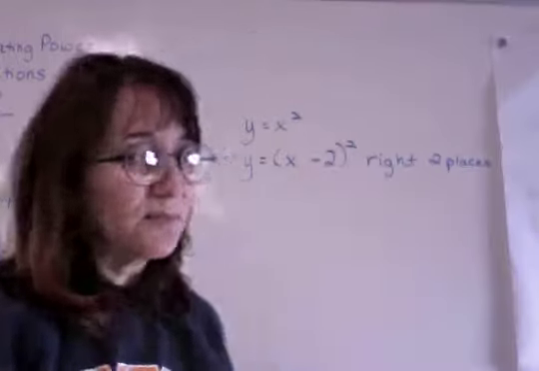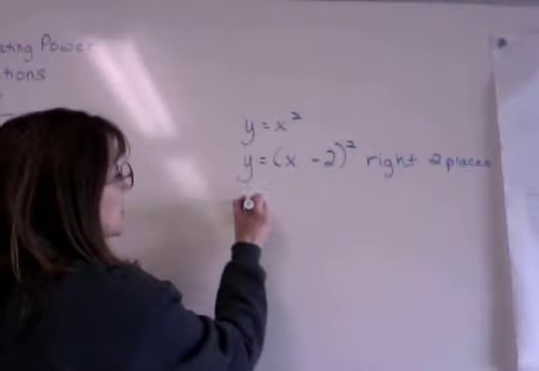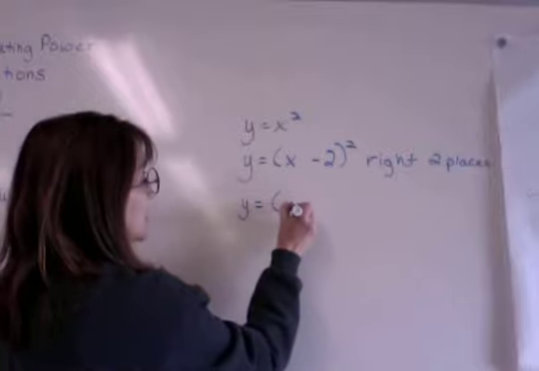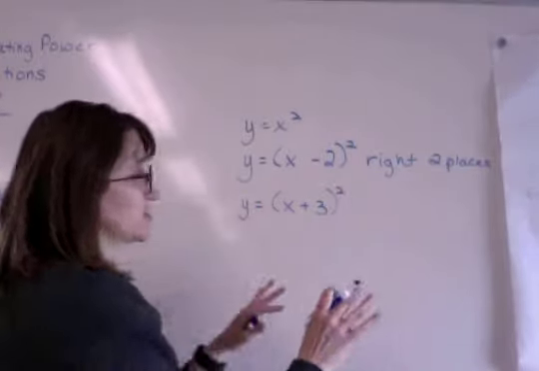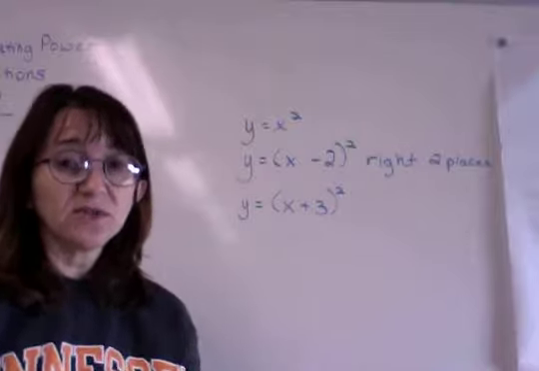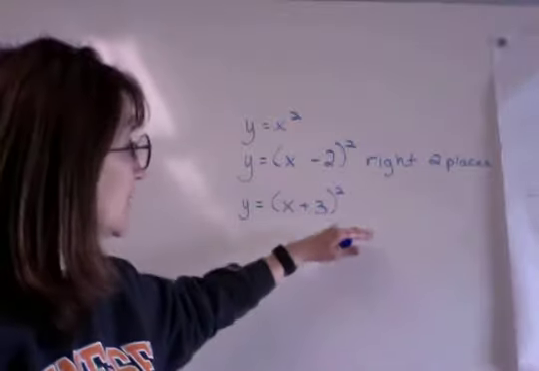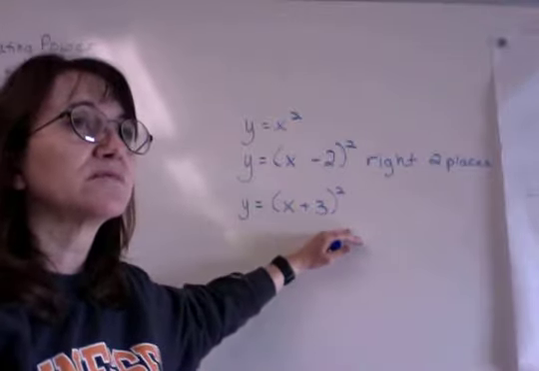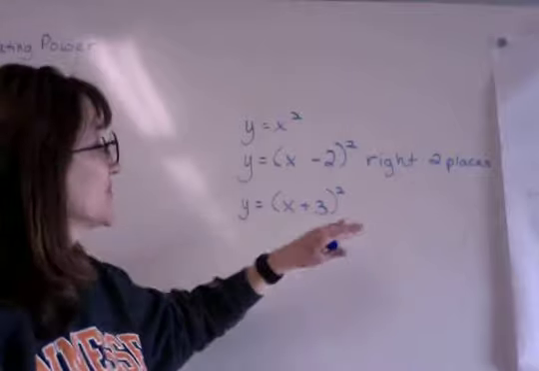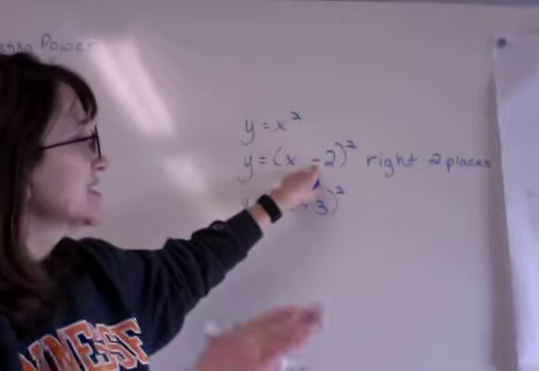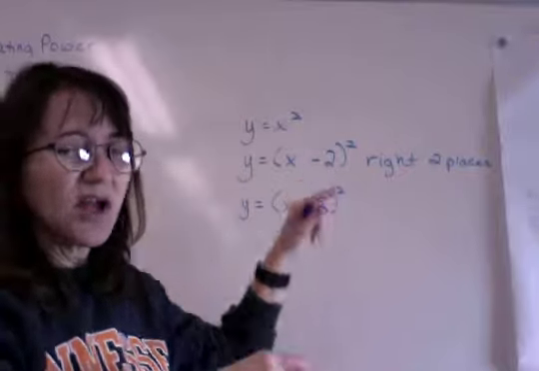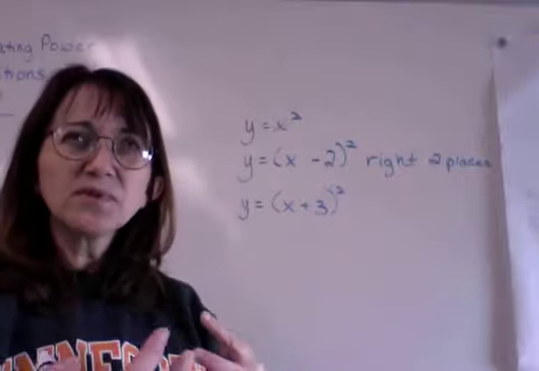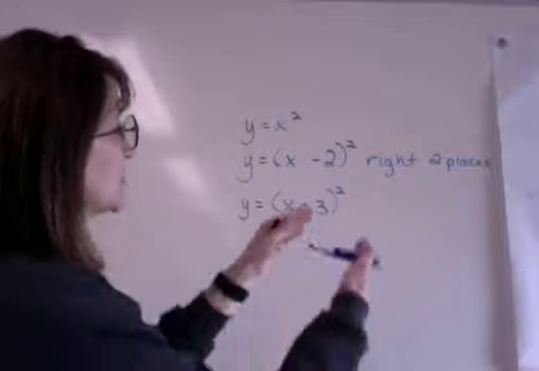Your next example is just y equals (x plus 3) squared, that little parenthetical expression being squared. Since a negative 2 is telling me to move to the right 2 places, which is almost the opposite of what you're thinking, this is why it's happening.